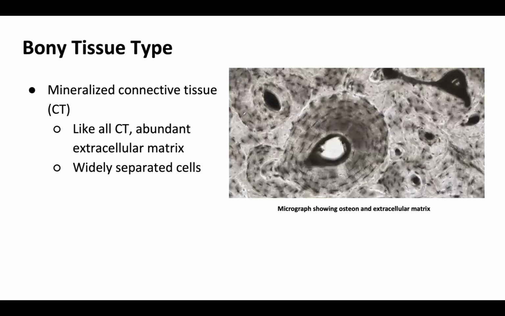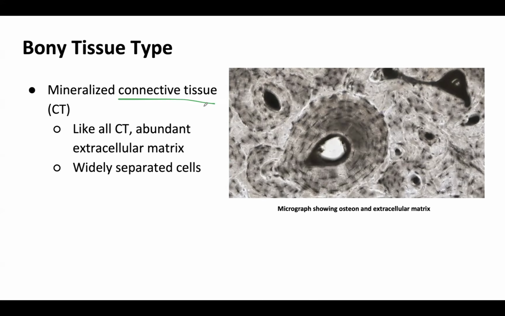All right. So let's pause for a second. Which of the major tissue types is bone? Is it epithelium? Is it nervous tissue? Is it connective tissue? Or is it muscle? Well, of course, it is connective tissue. It says so right here, but hopefully we remember that from earlier videos.